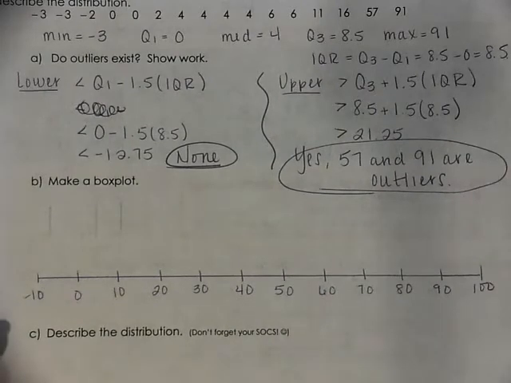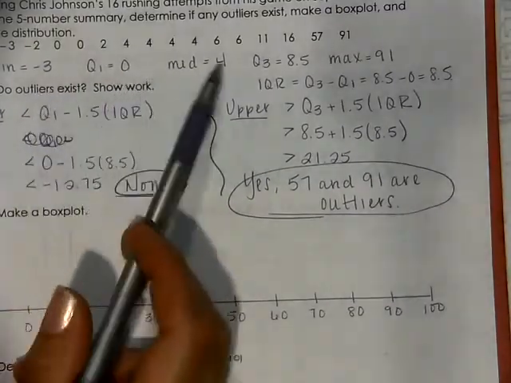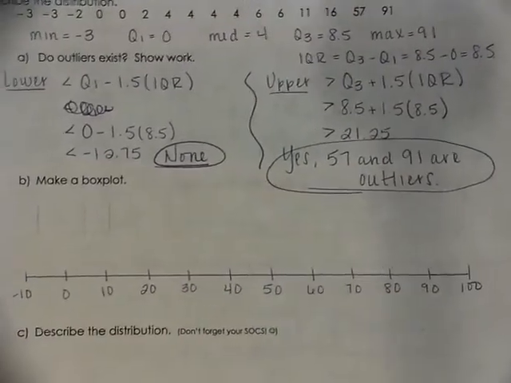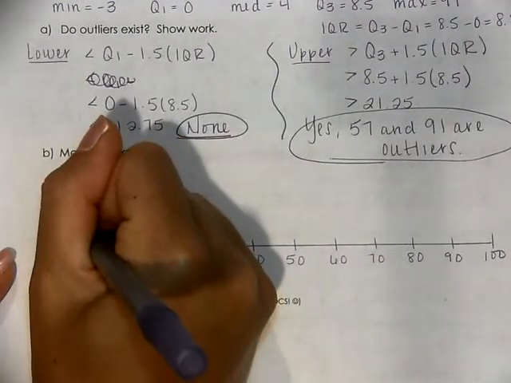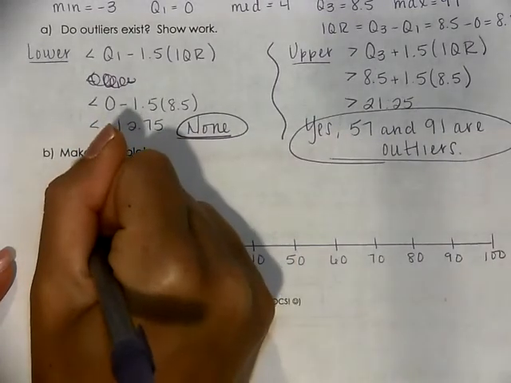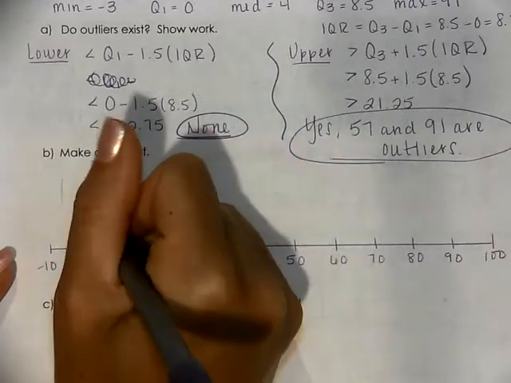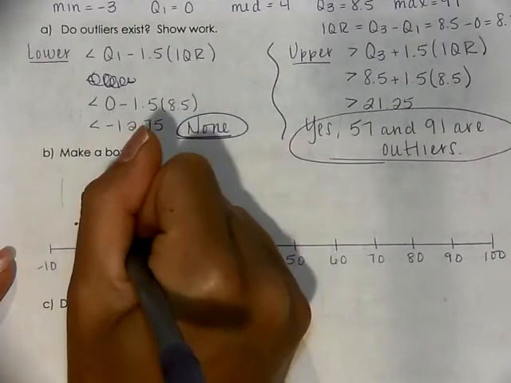Now I'm going to mark the first 4 numbers in the 5-number summary. So everything except the maximum for right now. So I have negative 3, then I have 0, then I have 4, and 8.5.